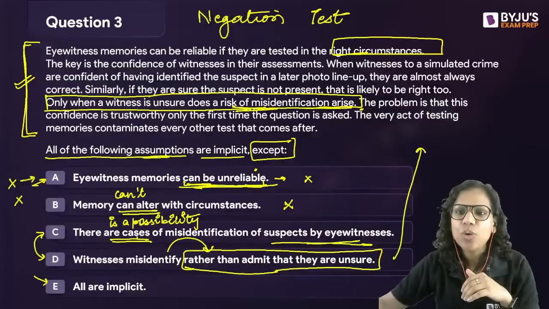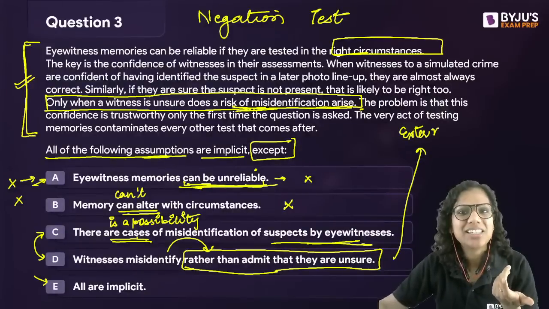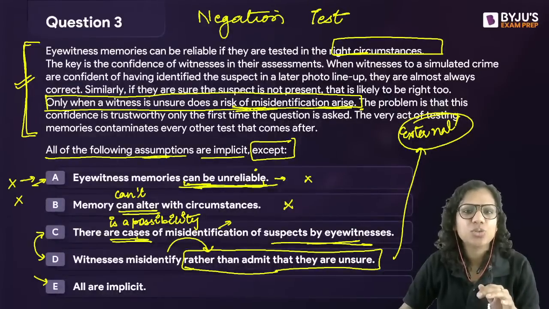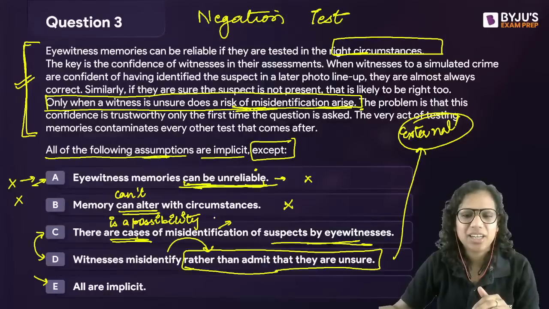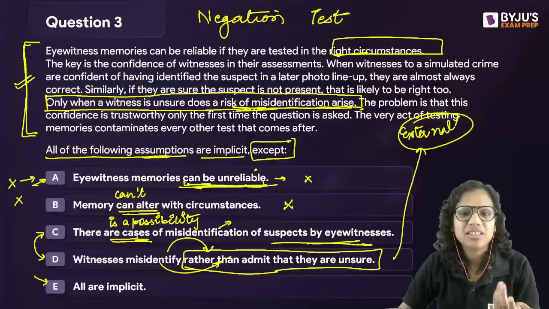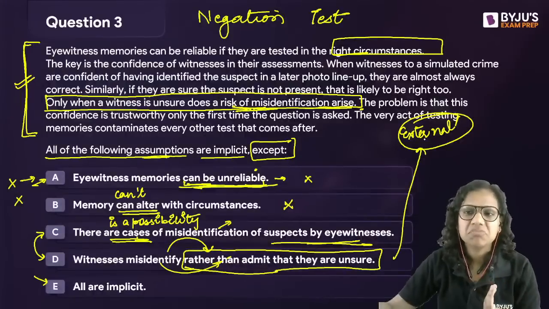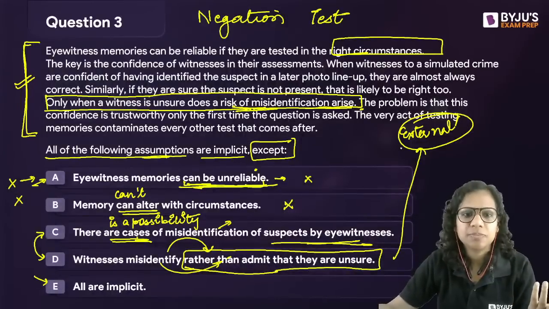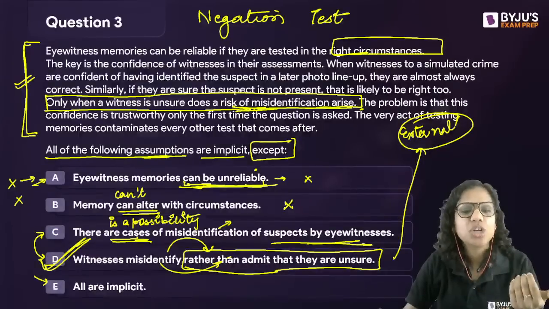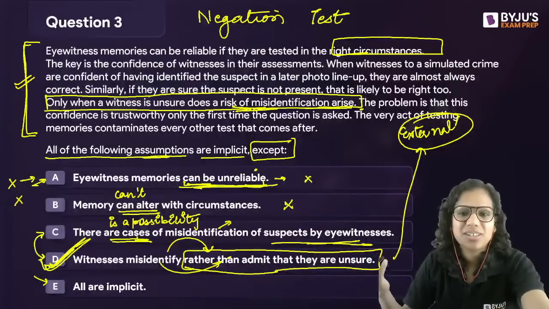Doesn't it appear too external to the discussion, not present in the discussion at all? While I am a little iffy about it, that this could have been phrased better in the light of the paragraph, this comparison, that they do this rather than that, has not even been discussed at all. So it's D that is not implicit. A, B, C, we will call implicit because we have a choice in D, which is not implicit at all.